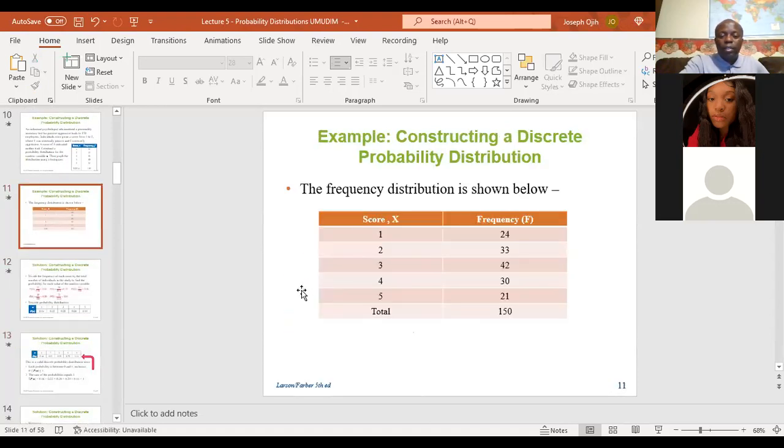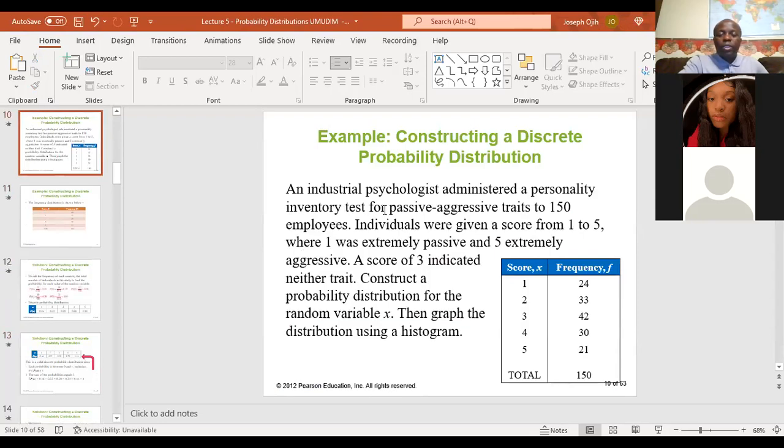So let's look at this first example. It said, industrial psychologists administered a personality inventory test for passive-aggressive traits to 150 employees.